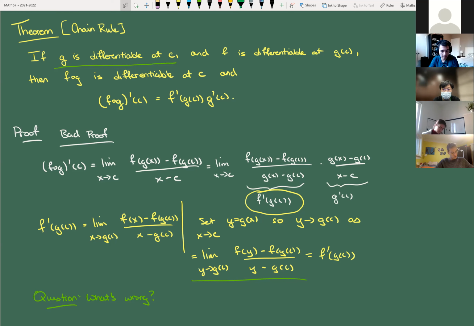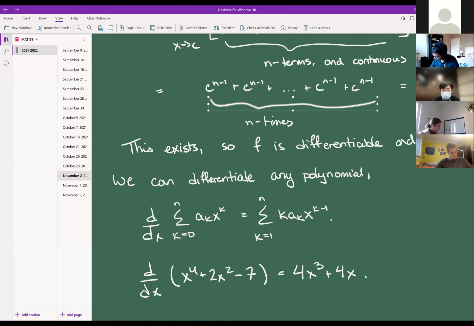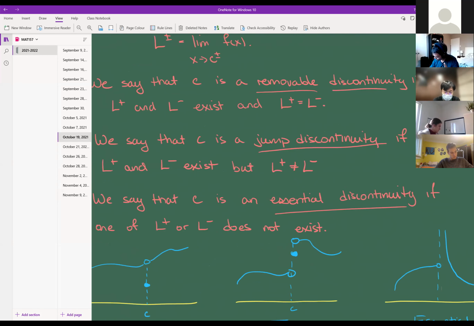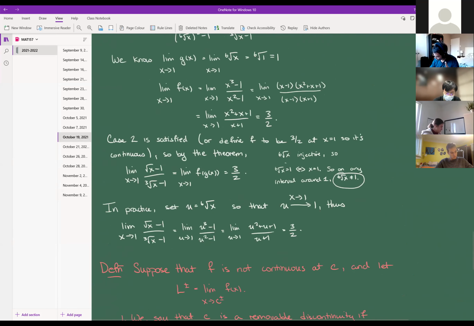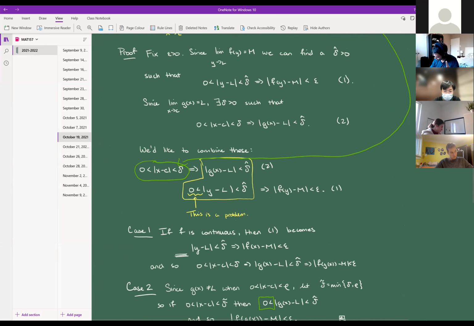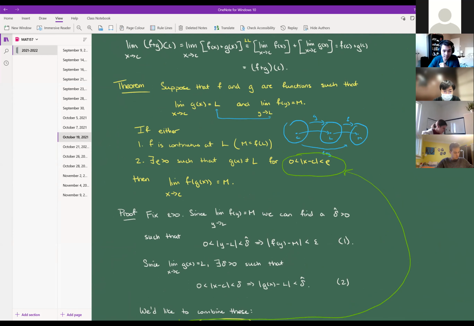Does anyone remember what it is? I might even be able to find it. When did we talk about this? Probably somewhere around here. Oh yeah, here it is. Nope, that's the continuity. There it is. Here's the change of variables theorem, right?